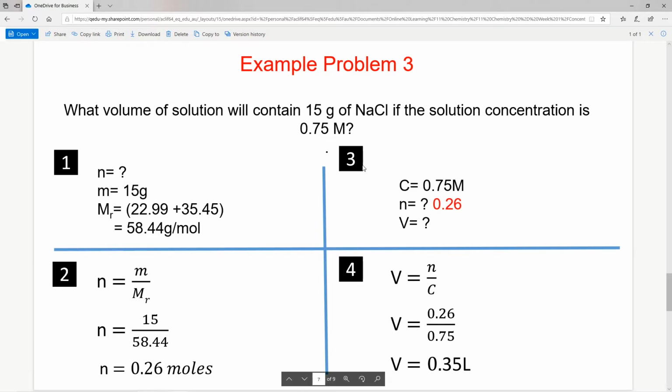So in this type of example, the first thing I would do is write down anything that I have. So these two things up the top here, that is what I do. And I also put down what I need to know and how I find that. So I need to know the volume, and the only way I can find the volume is with this concentration equation.